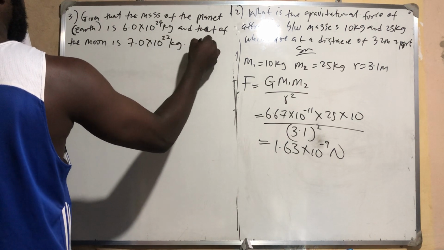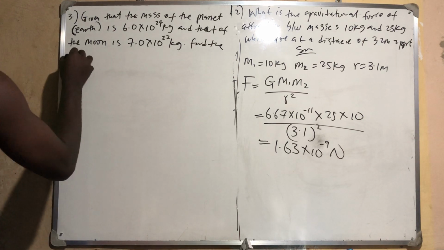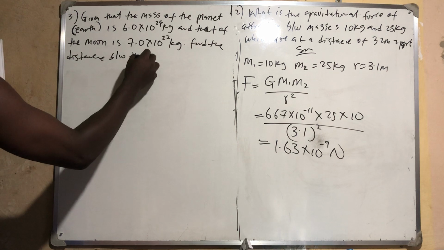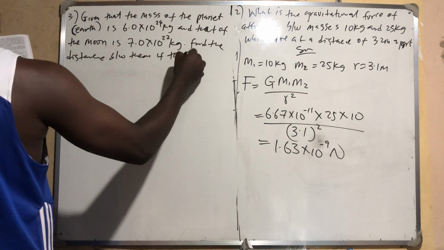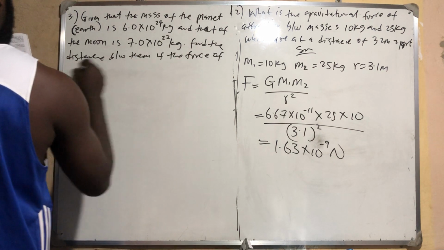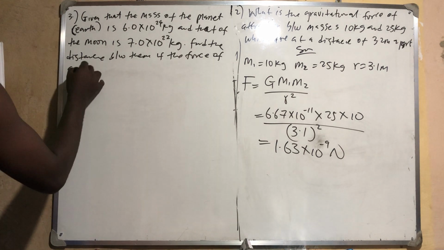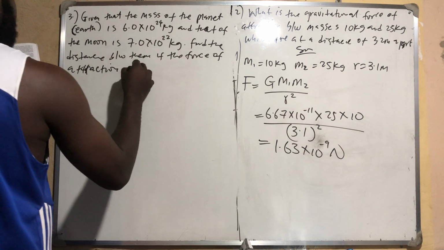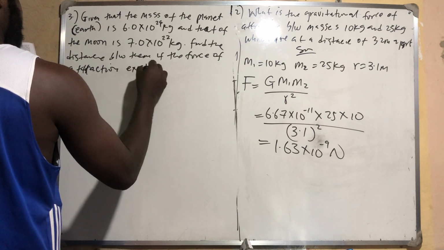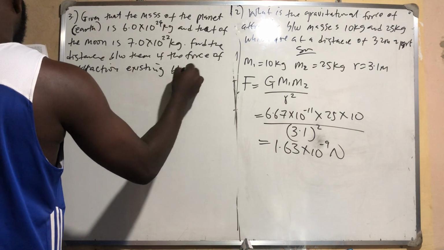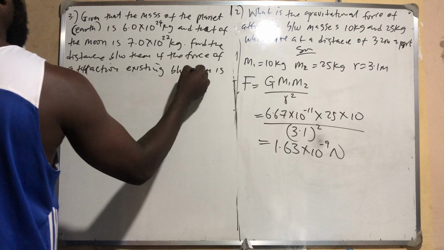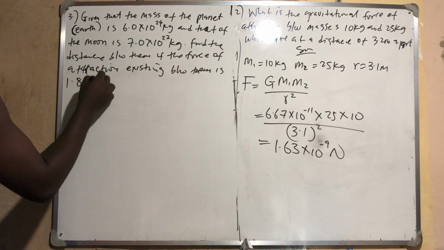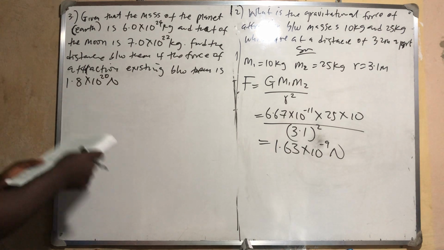They want to find the distance between them if the force of attraction existing between them is 1.8 times 10 raised to power 20 Newton.